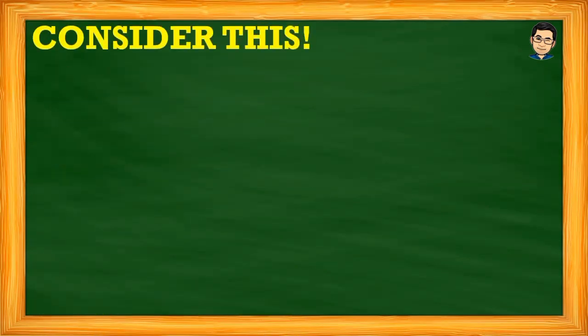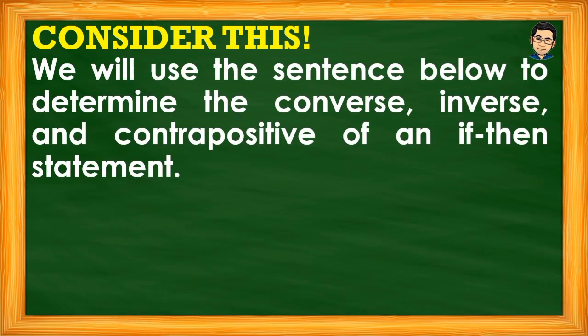So, consider this para mas maintindihan natin yung related sentences. We will use the sentence below to determine the converse, inverse, and contrapositive of an if-then statement. So, gagamit lang po ako ng isang statement para i-illustrate ang converse, inverse, and contrapositive ng if-then statement na yon.